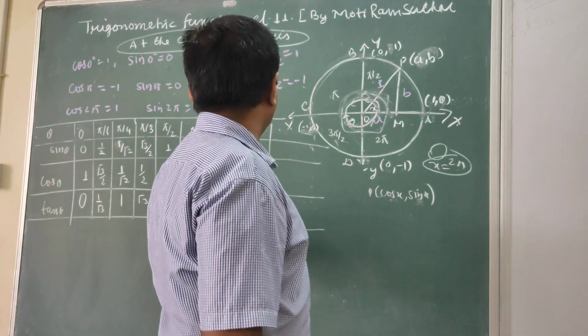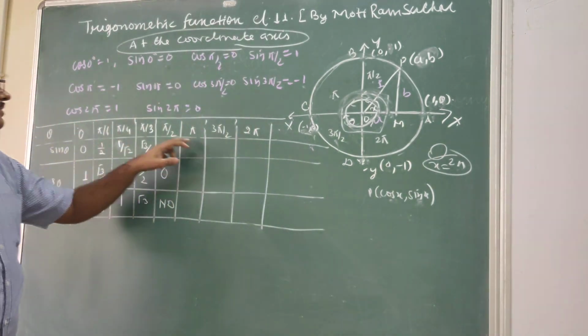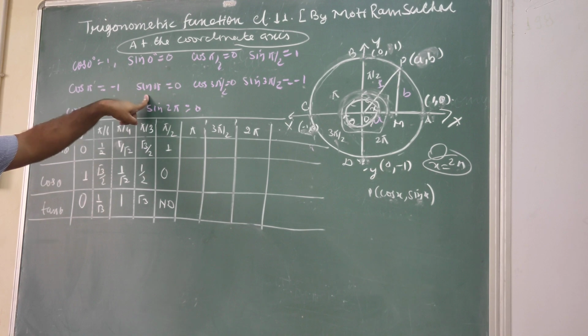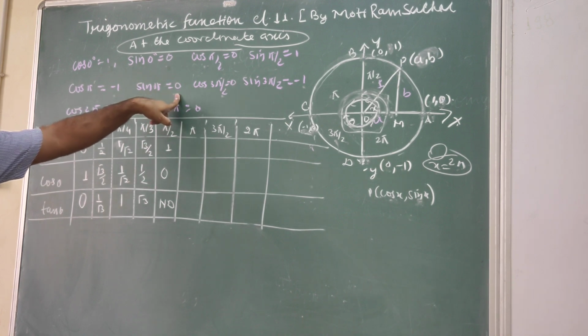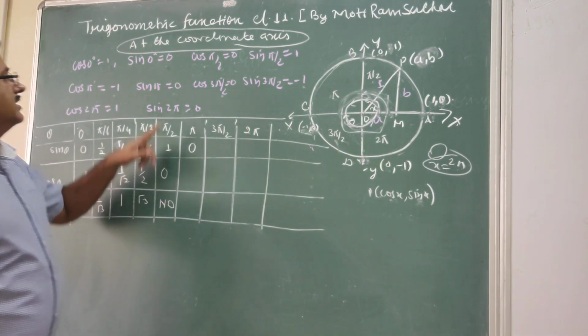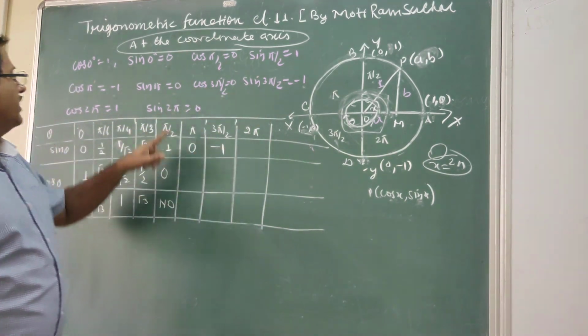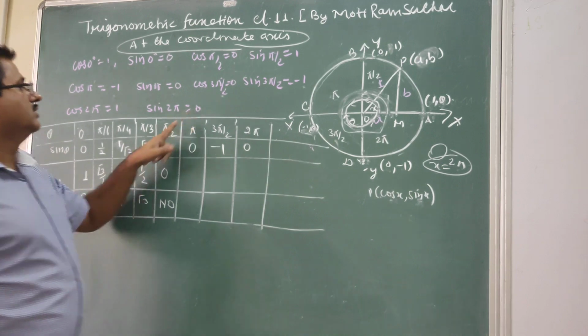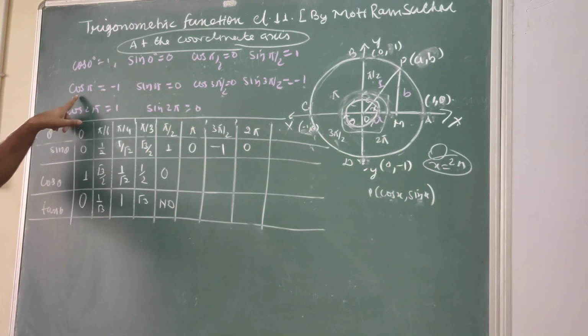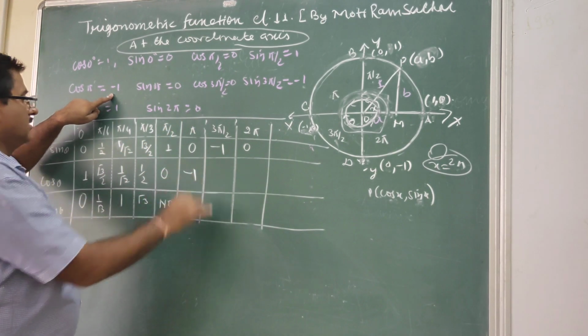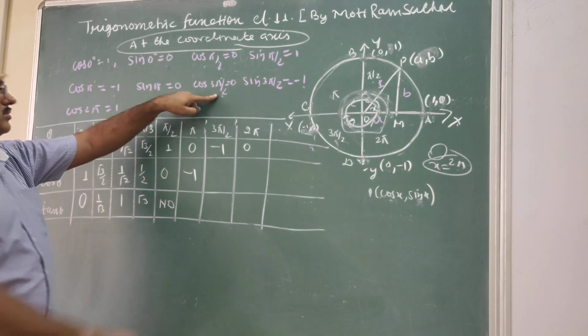Now next we have to find the value at pi. We already found that sin pi is 0, so you can write 0. Then sin 3 pi by 2 is minus 1. Sin 2 pi is 0. Similarly for cos, cos pi is minus 1. Cos 3 pi by 2 is 0.